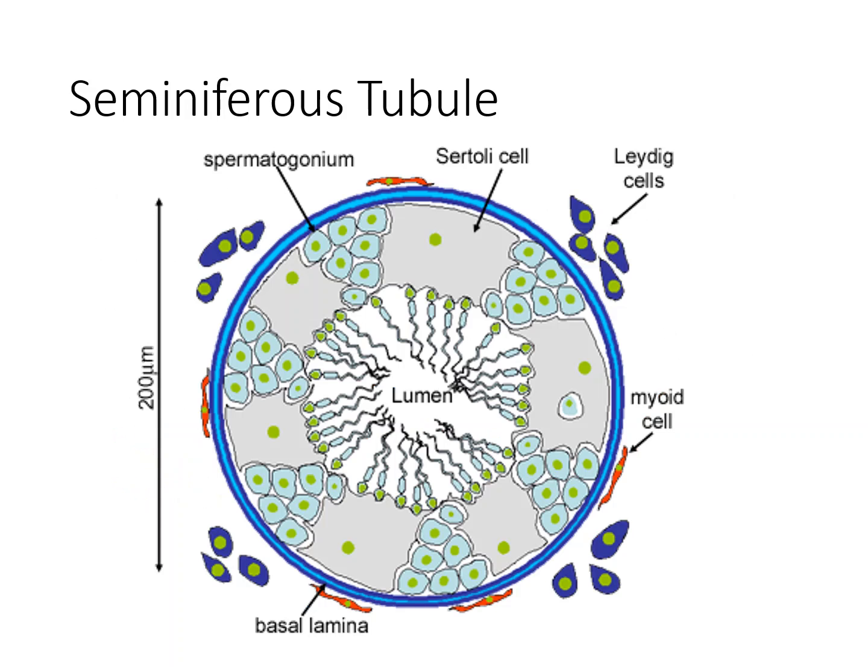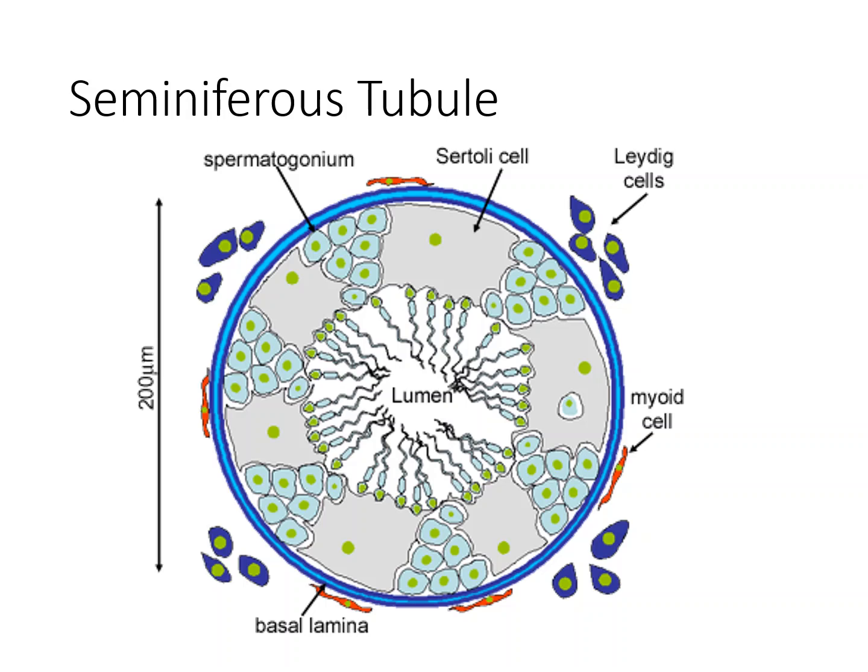So this is looking at the seminiferous tubule in cross section, just one of these tubules, and you can see in the blue color there's the Sertoli cells, again forming the bulk of the tube, and sandwiched in between would be the spermatogonium. These are the future spermatids.